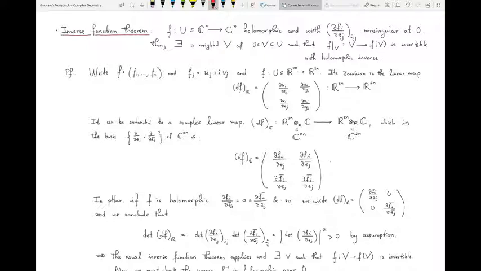And then the conclusion is that there exists a neighborhood of 0 contained in U, such that the restriction of f to that neighborhood, which I've called V here, is invertible and has a holomorphic inverse. So invertible, and holomorphic inverse.